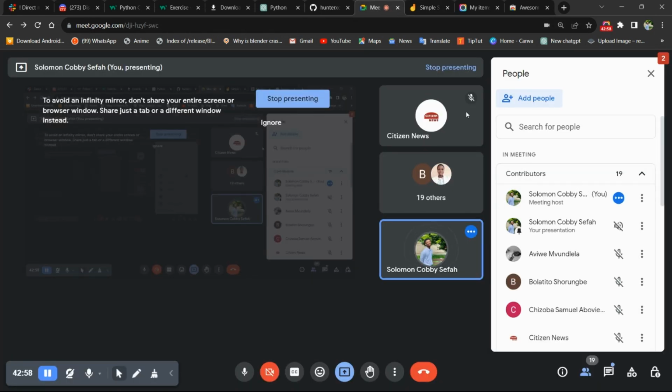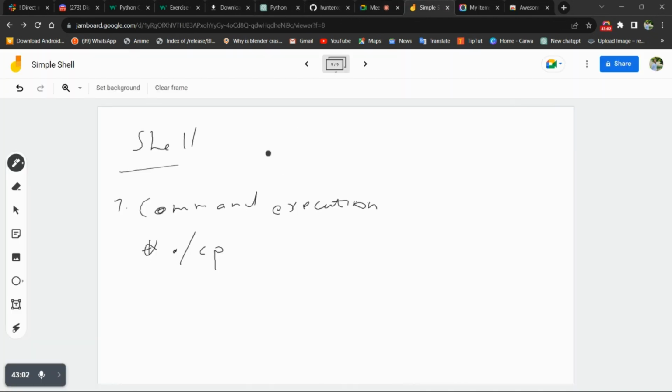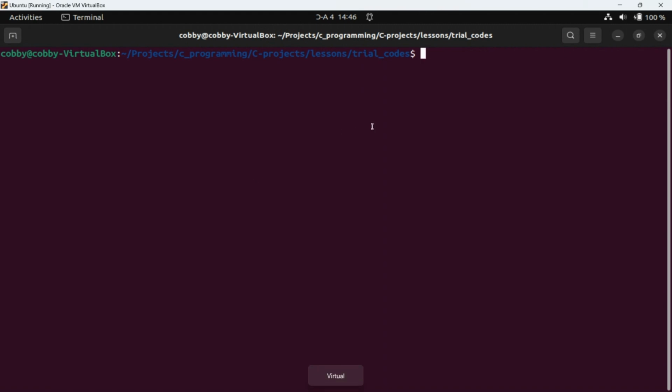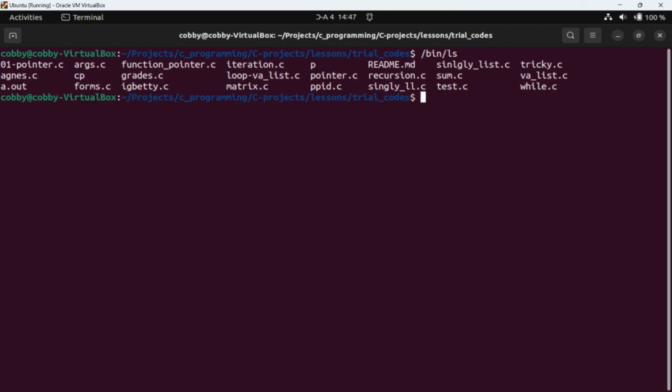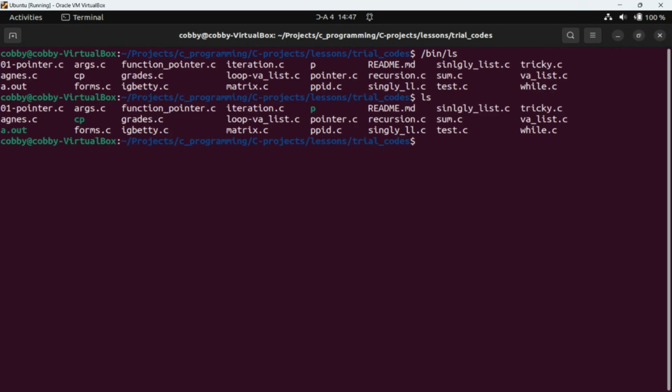Okay, so no one actually. So let's get back to this. This is what is happening. When you run bin ls, it does the same thing as ls. Forget the coloring for now. It's a matter of implementation. But I want you to understand that this is what happens.